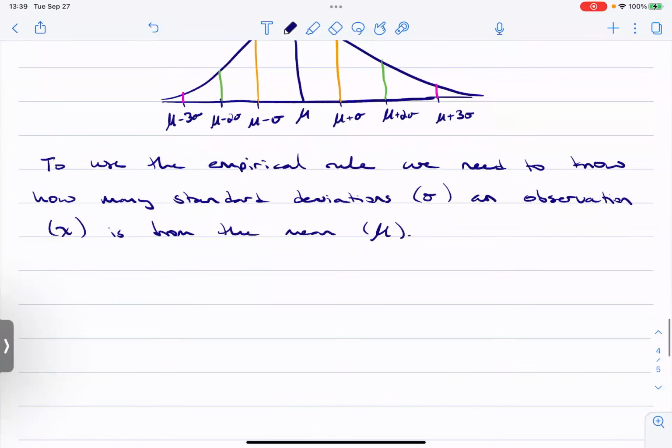That calculation is the Z calculation, the Z score, which says X minus mu over sigma.